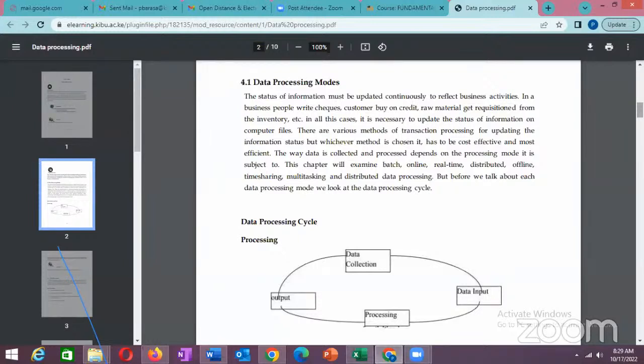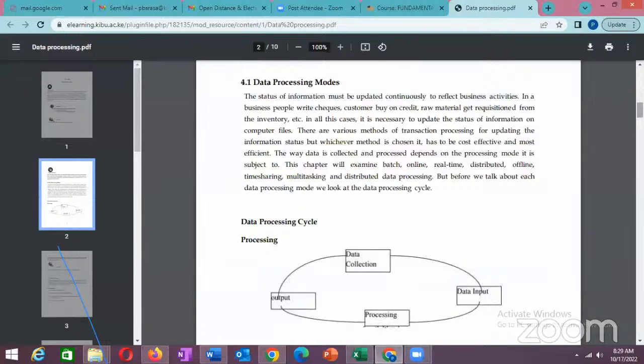There are various methods of transaction processing for updating the information status, but whichever method is chosen, it has to be cost-effective and most efficient.